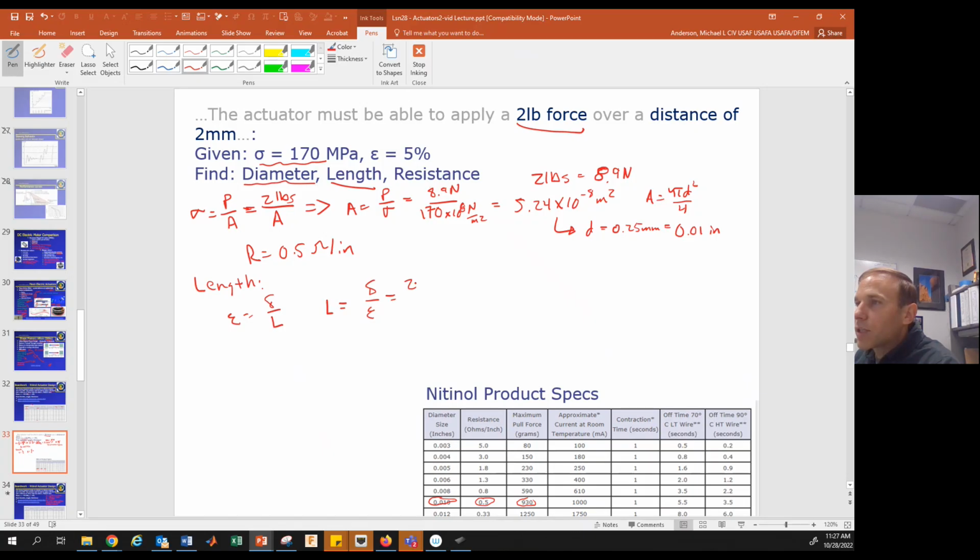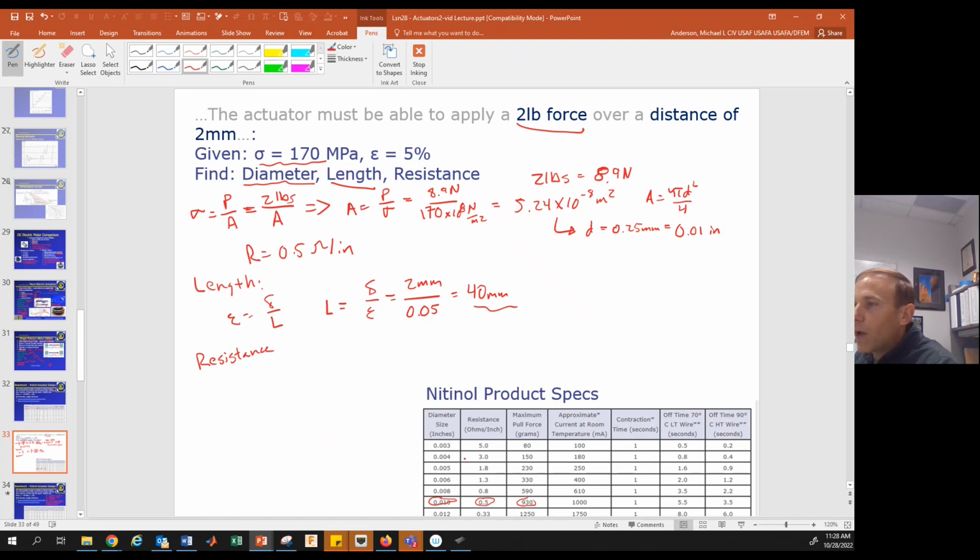The desired deformation is 2 millimeters. The strain is 5%, so that's 0.05. That tells us we need a wire that is 40 millimeters long. In inches, if we divide by 25.4, that's about an inch and 2/3. So as far as resistance, what would the resistance of that wire be?